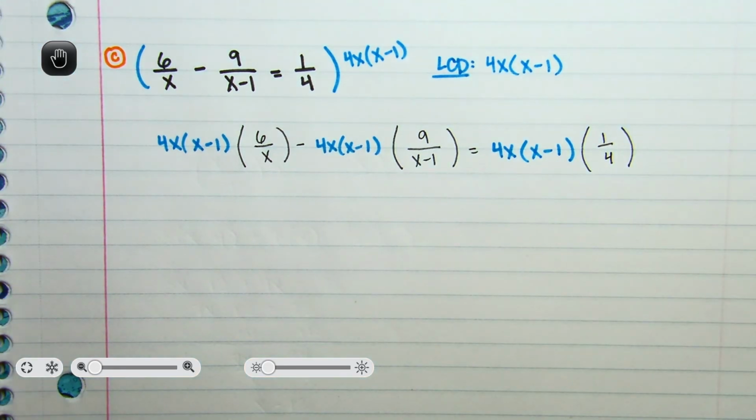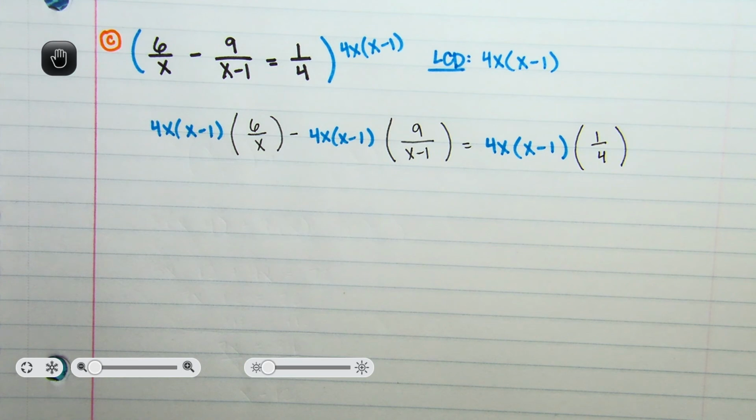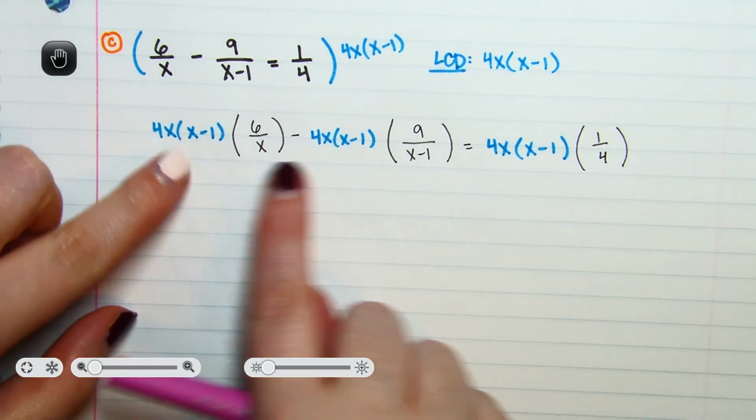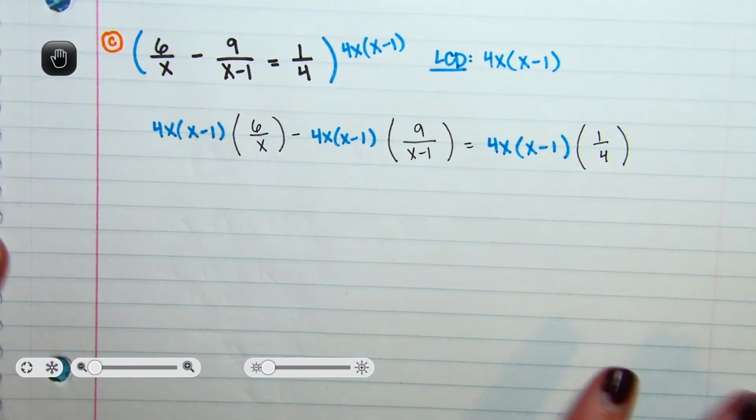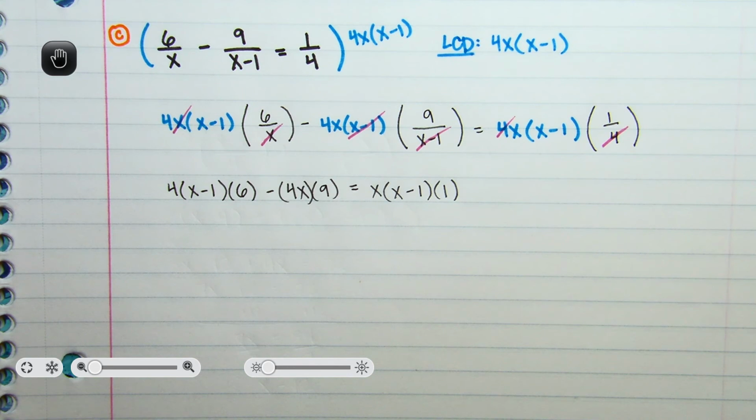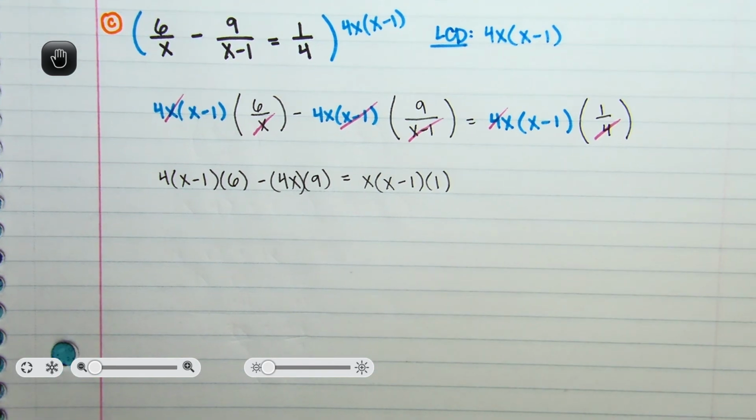All right, now I want you to try the next step on your own. You are just canceling out stuff that you can from your denominators and rewriting the next step. So go ahead and push pause, and then when you're ready to check, push play. All right, go ahead and check, see if that's what you got.